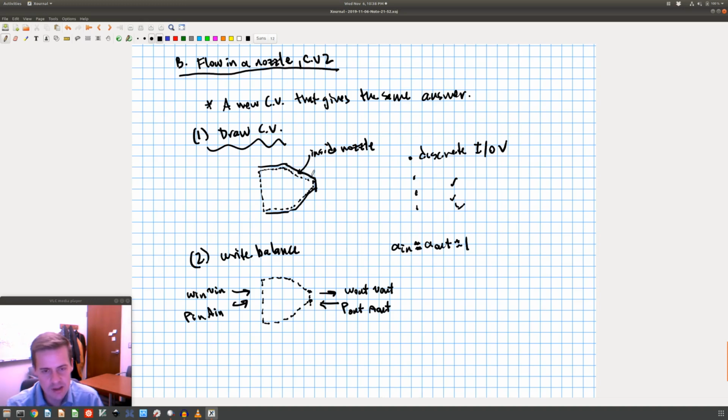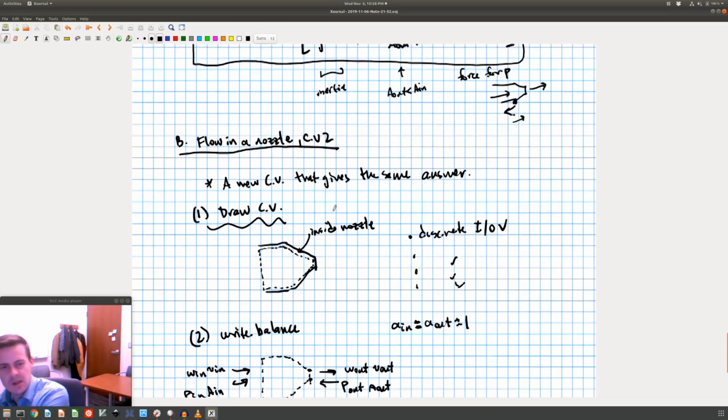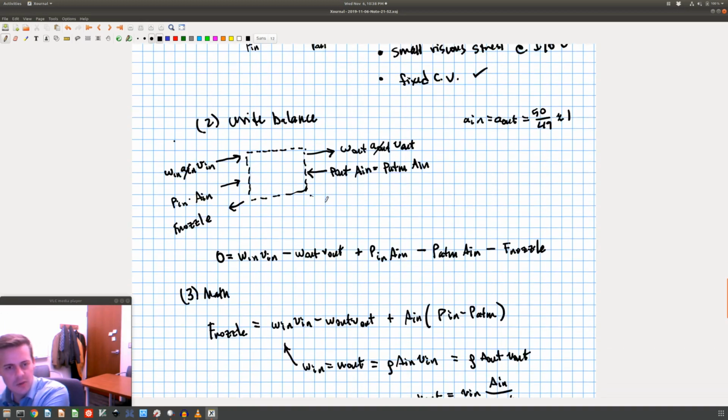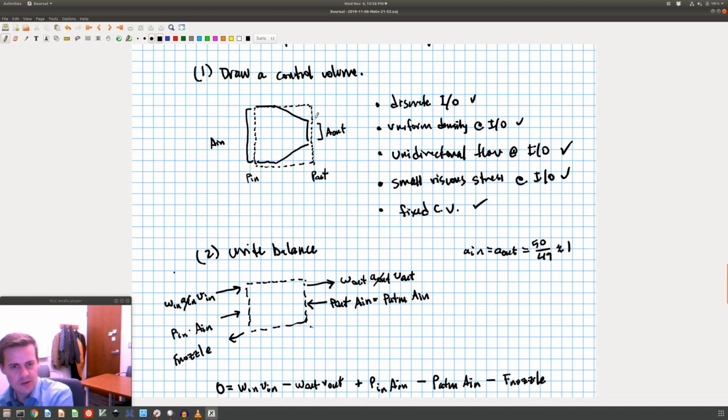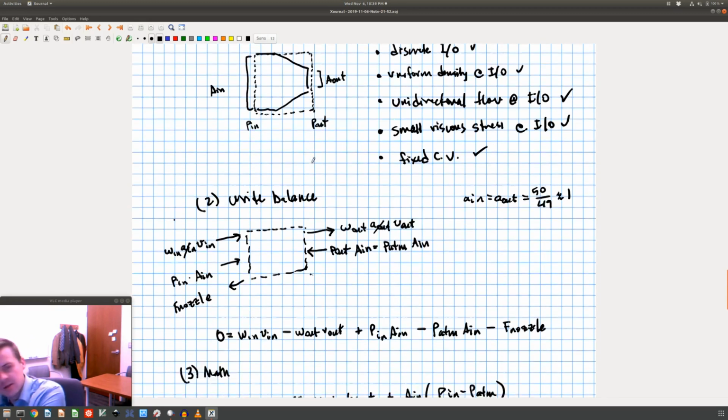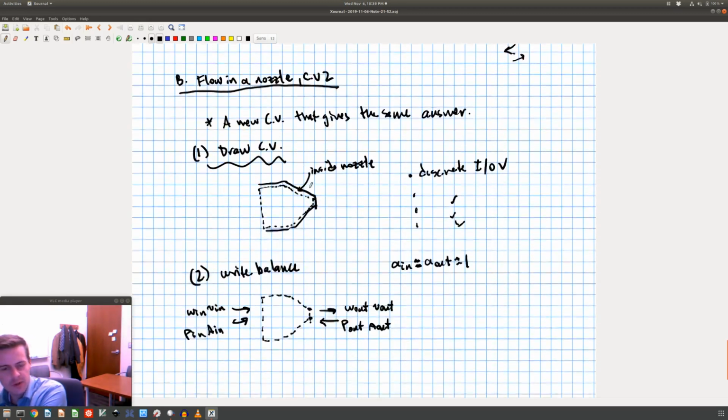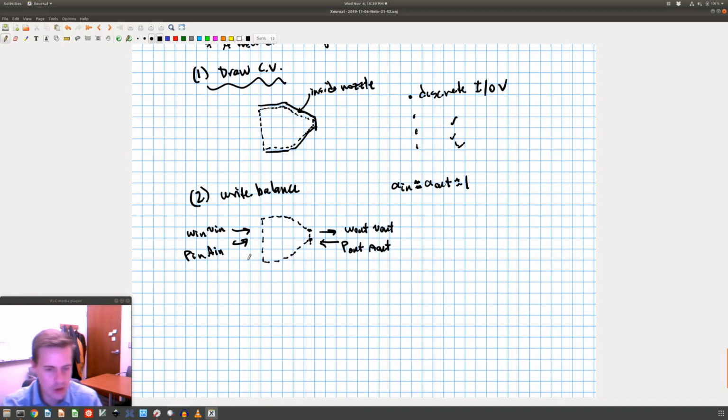This is inside the walls, and any pressure pushing there is pushing on those walls, not out this part. That's different than the case up here because I drew my control volume outside, so there is atmospheric pressure pushing all along that part. A different control volume gives me a different pressure.